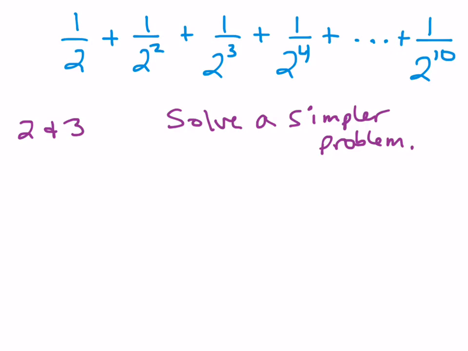Okay, so let's look at maybe just some smaller sums at first, right? So let's look at what happens if we just add the first single number. So if we're just adding 1/2, that's all we have. What about 1/2 plus 1 over 2 squared?